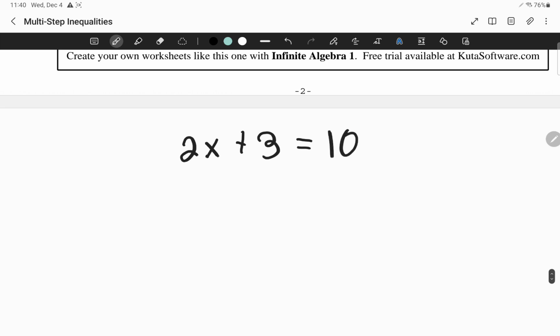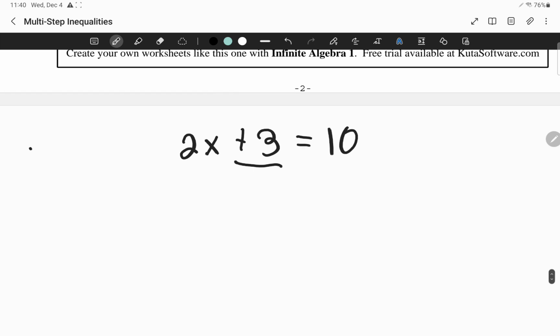But whenever it comes to solving for x, one thing that you really have to do is just leave the variable, the letter, alone. And you always have to start with anything that's not touching that letter. That's the way I learned it. So what is not touching this letter? Obviously it's going to be 3. Now, how do I know, like we talked about with PEMDAS, I know addition and subtraction is first.